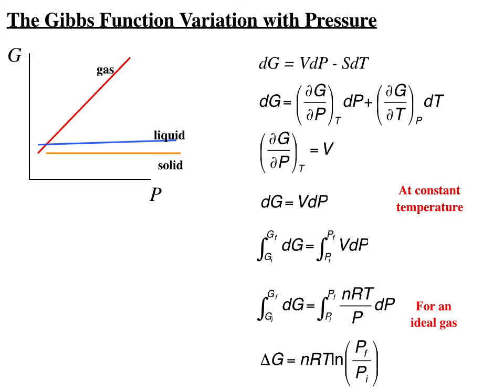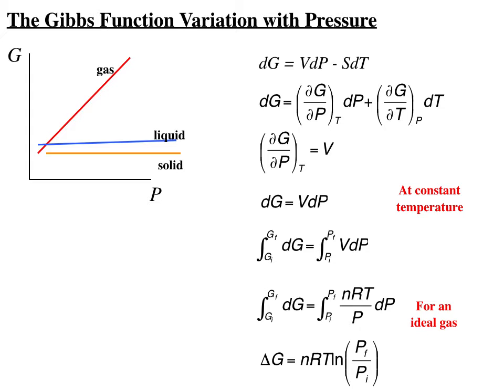And also notice that the slope of the liquid and solid plots are very similar, but the slope of the gas plot is very dramatic. This is because the molar volumes of solids and liquids are pretty much the same. A little bit of difference, not much, so the slopes are rather equivalent in those cases. However, in the gas phase, the slope is much more dramatic.